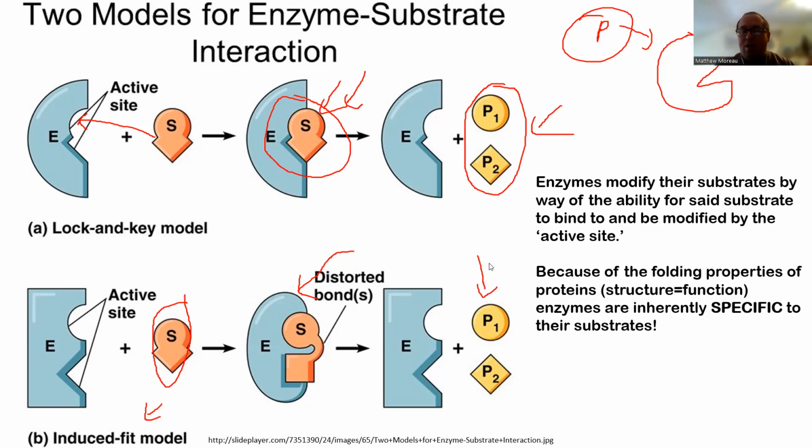So this is why the induced fit model actually does fit, because, for example, if this part of the substrate binds first, that is going to induce a change in shape, and then that change in shape might move this second component closer or turn it, therefore creating a new active site shape in order to best fit the substrate.